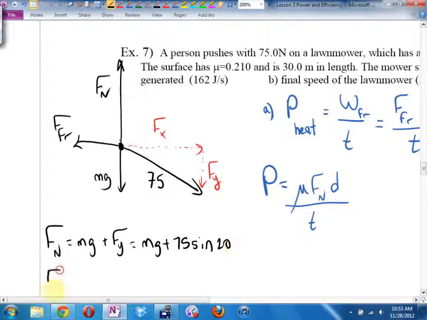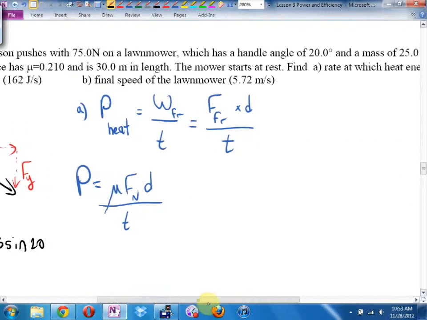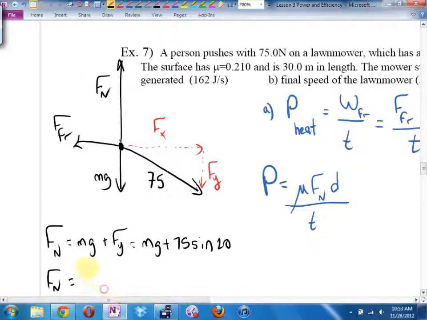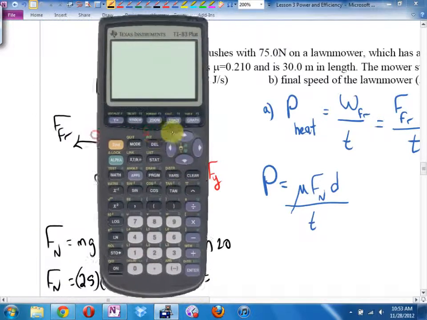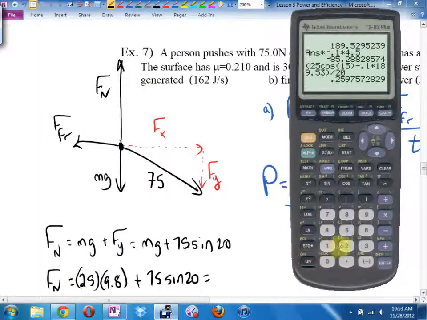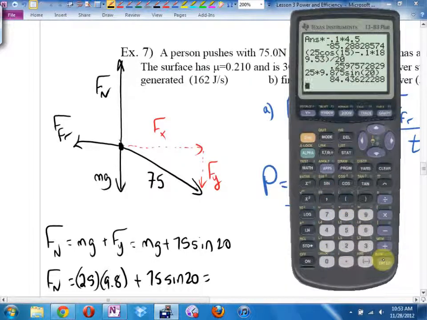The normal force is going to be m, 25, 9.8 plus 75 sine 20. How big is the normal force here? It's going to be 25 times 9.8 plus 75 sine 20. I get a normal force of 84.436.